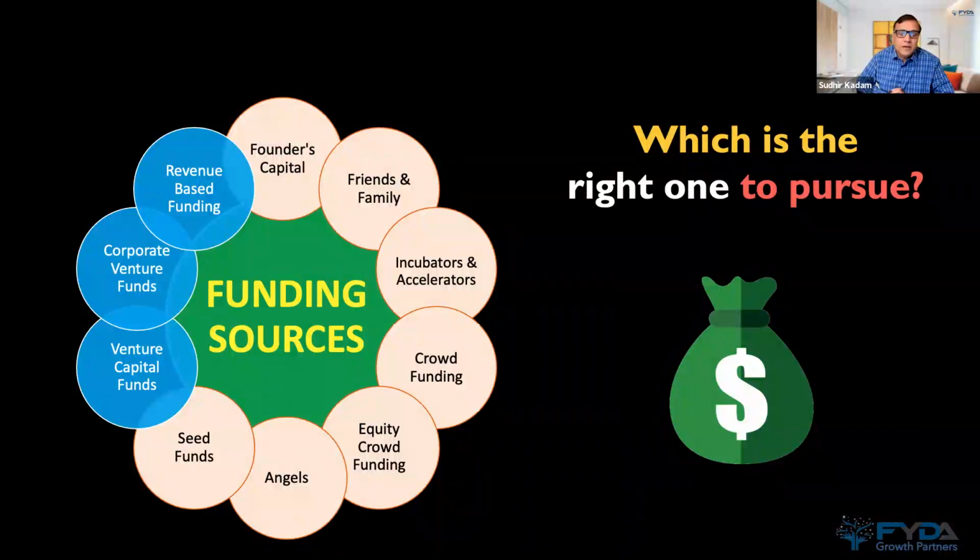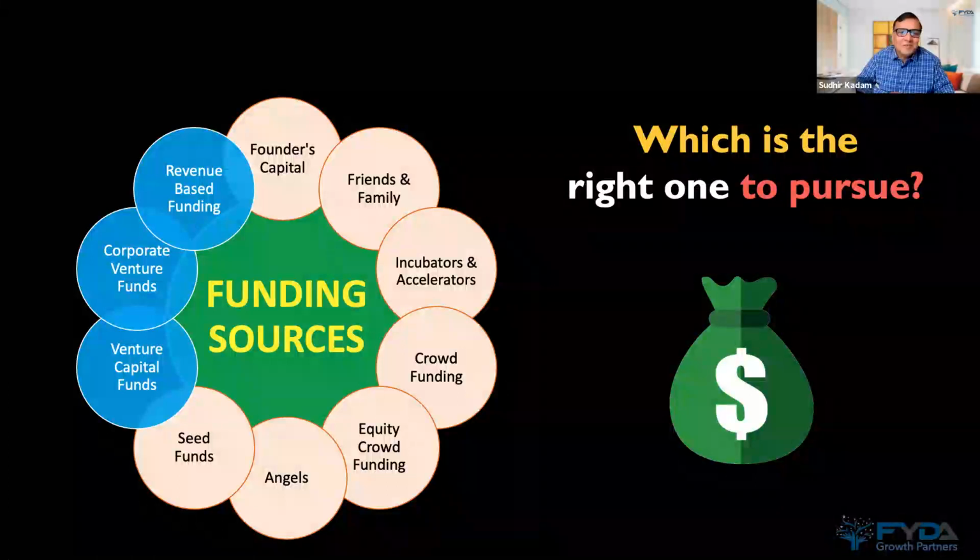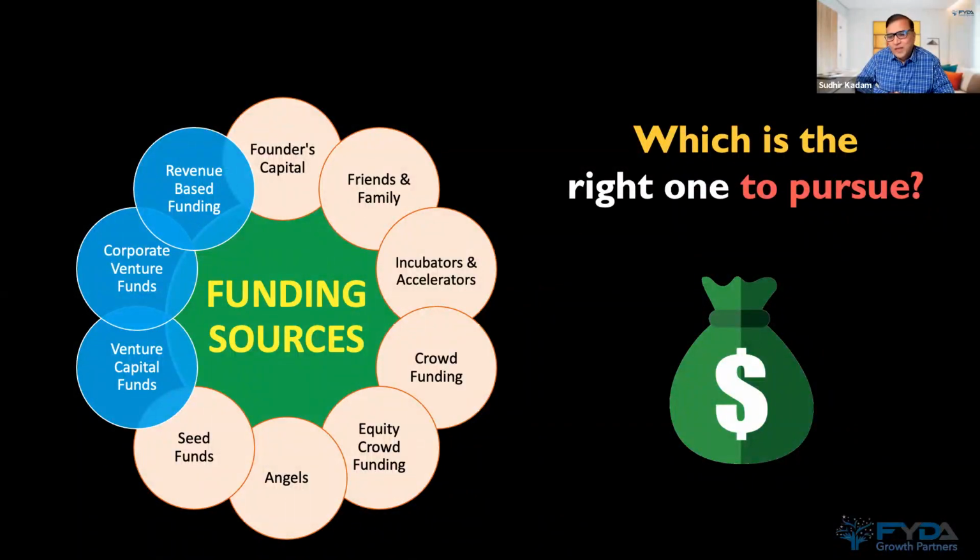Okay. And then the second source obviously is your friends and family, your uncles. We call it friends, family, and fools because the last F is because there are a lot of people who don't understand the business, why they're investing, when they're investing, but it's a herd mentality, right? This friend of mine is investing, let me also put the money here. Okay. So it's an FFF round.